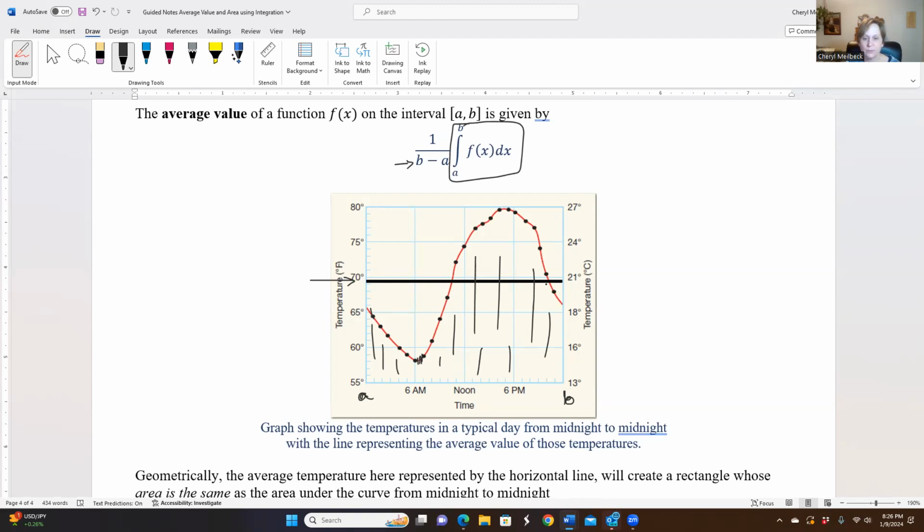So this rectangle with a temperature of about 69.3 degrees will have the same area as you would underneath the curve from A to B. So we take the integral and then we divide by the width of the interval. That's what this formula is: 1 over B minus A times the integral from A to B of the function.